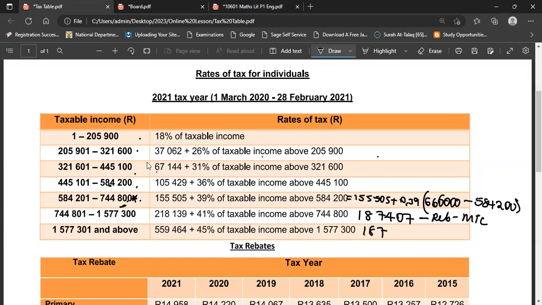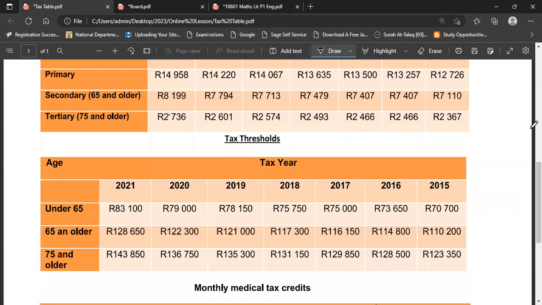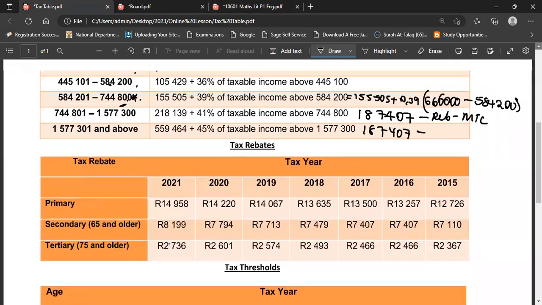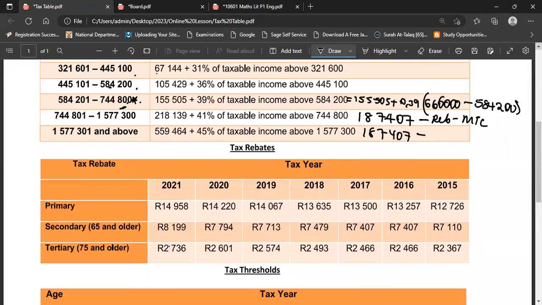Now this is when you subtract the rebate and the medical tax credit. So it's that much minus. The person was 58 years of age, so for the rebate, which year are we using? Let's use 2021. So the person qualifies for 14,958, minus the tax credits that we've just seen. Subtract everything.